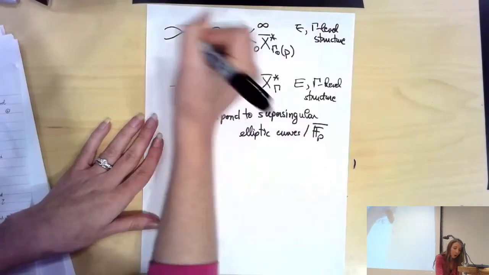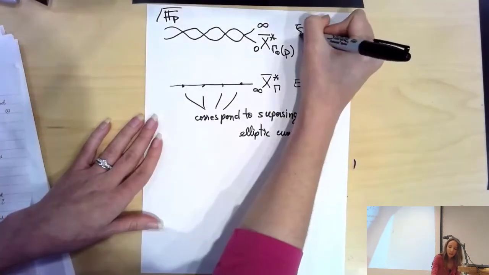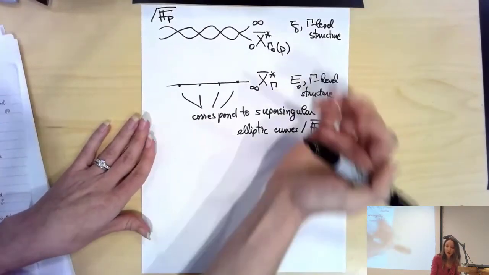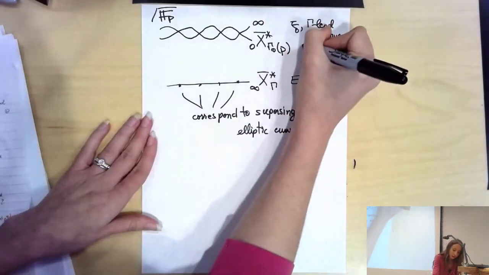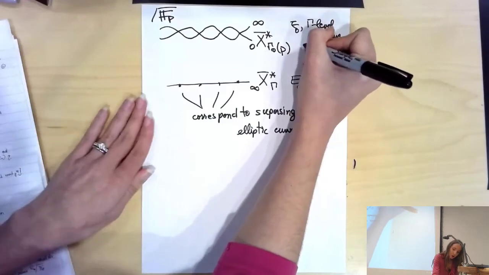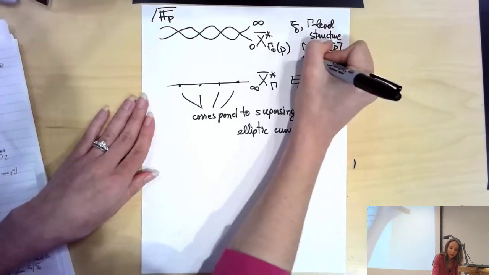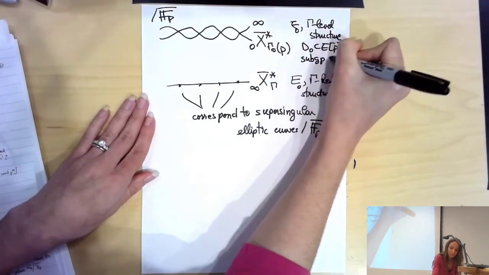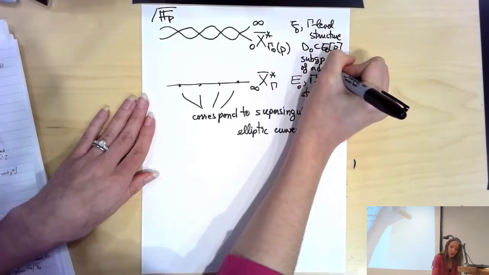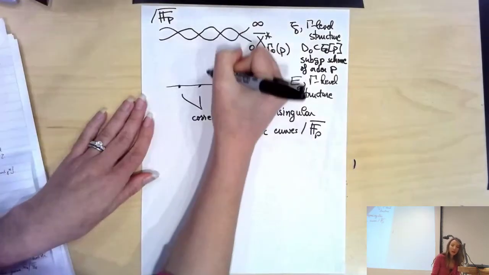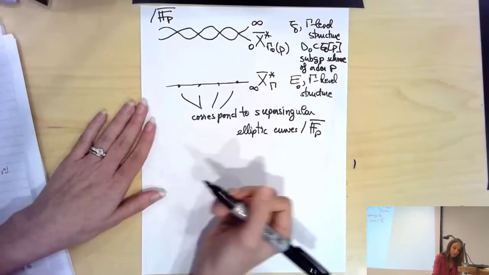Since all of this is over F_p or F_p bar, I'm going to label special fibers with a naught. So an elliptic curve with a gamma level structure, and then a subgroup D naught inside the p-torsion, a subgroup scheme of order p. And the map just forgets this extra piece of data, forgets about the D naught.